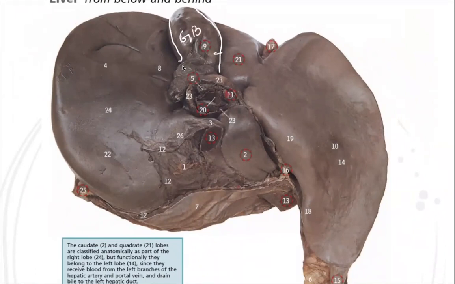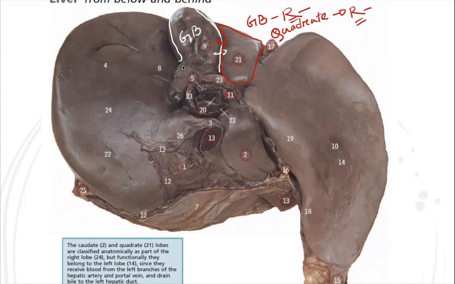Just behind the gallbladder you will have the quadrate lobe. Gallbladder has an R, and quadrate also has an R. That's how I remember it, because you will forget where is the quadrate and where is the gallbladder. So both of them lie together, side by side.